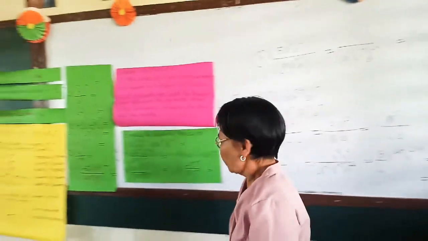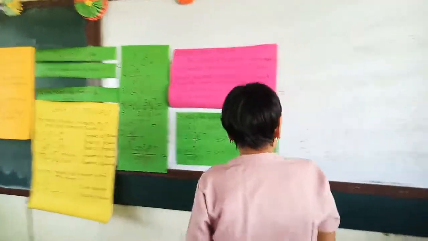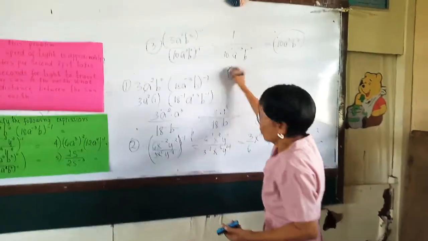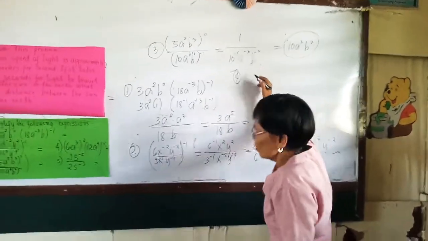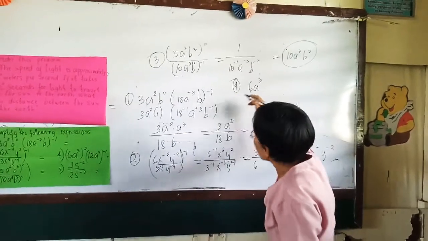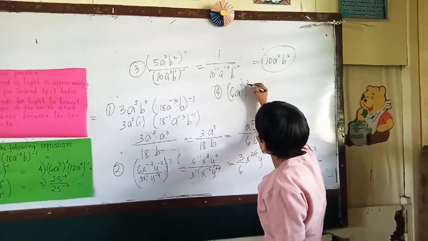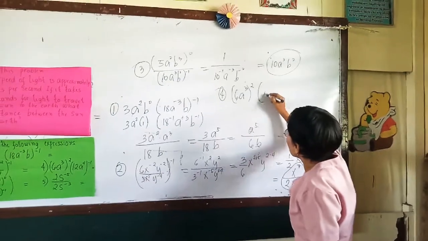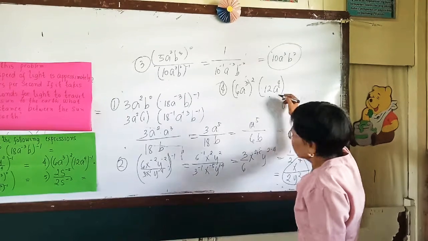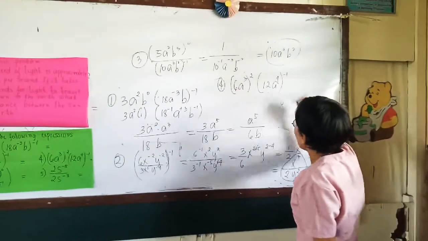Okay. Now, let's proceed to number 4. Number 4. 6 a cube raised to the power 2. Then 12 a to the 4th raised to the power negative 1.